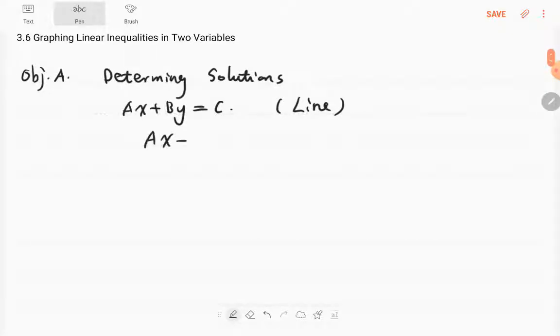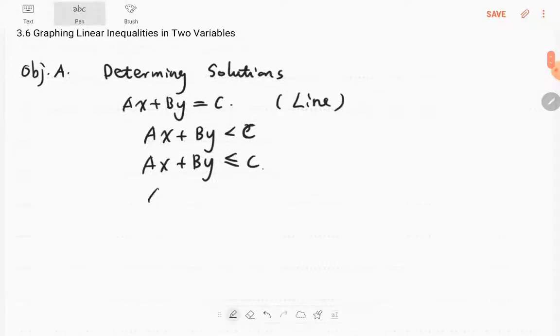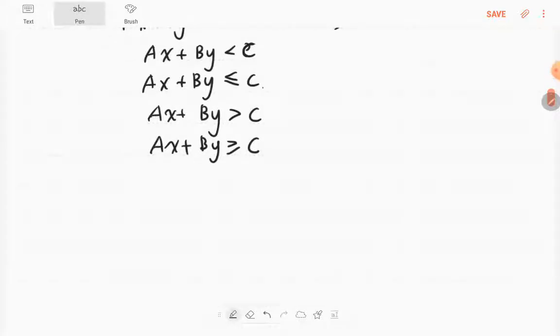So we have ax plus by less than c, or less than or equal to c, or greater than c, or greater than or equal to c.